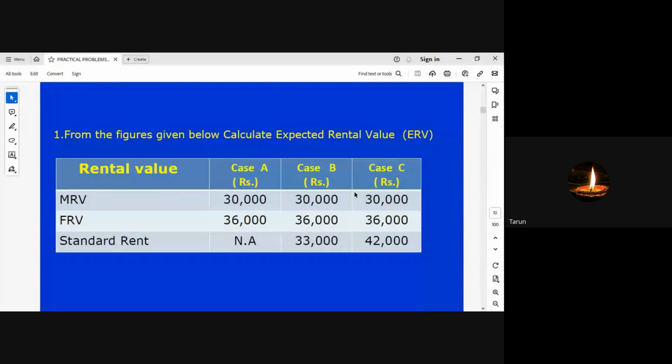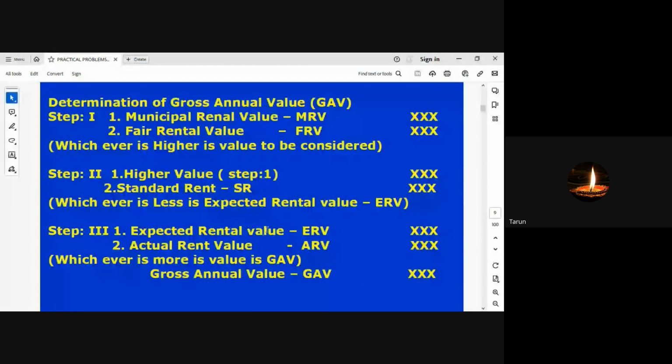From the figures given below, calculate the expected rental value. But how to calculate the expected rental value? Step one, step two. Let's apply step one: municipal rental value and fair rental value, whichever is highest is to be considered.